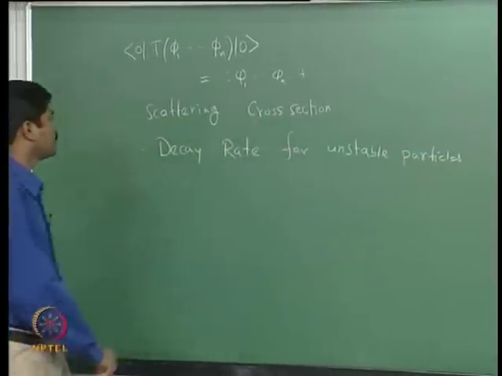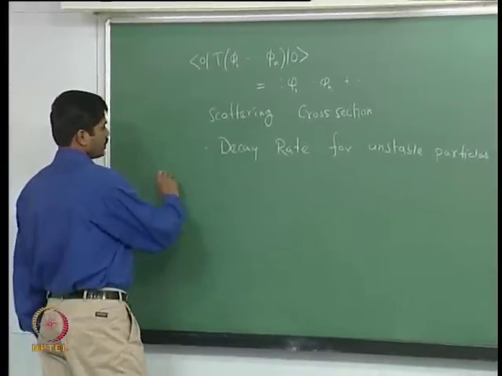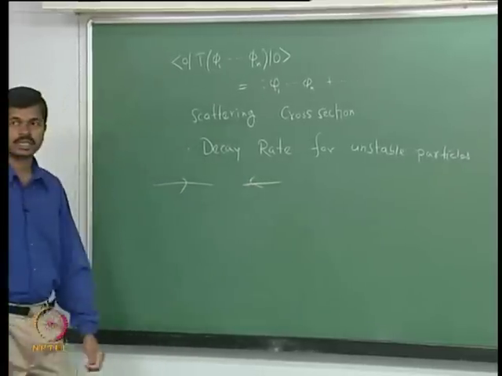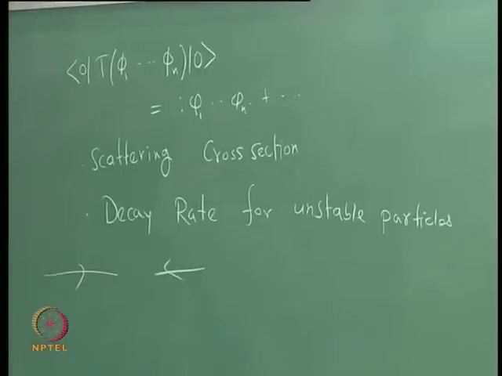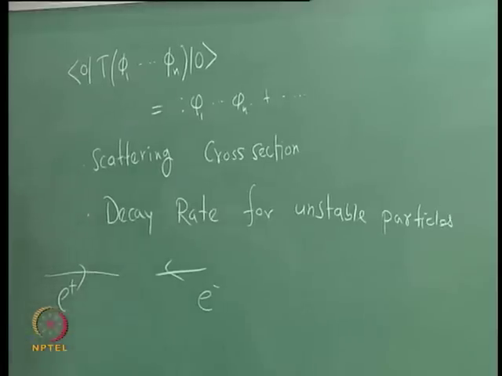So, for scattering cross section, of course, you can have two particles coming and then interacting and then going out. For example, let us say you have e+ e- scattering or whatever. The outgoing particles may be the same set of particles, or there may be a different number of particles.